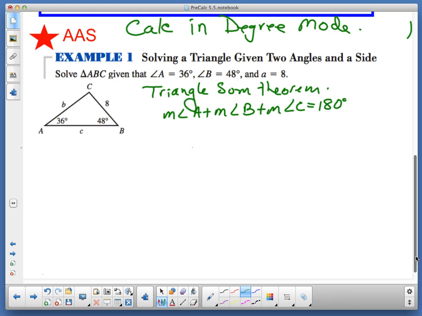We're going to be using that as well. We're also going to be using, at an appropriate time, the isosceles triangle theorem, which is when I know that two sides of a triangle are congruent, then the base angles are congruent. We're going to be using that as well to make things go a little bit more efficiently when we find some pieces of our triangle.